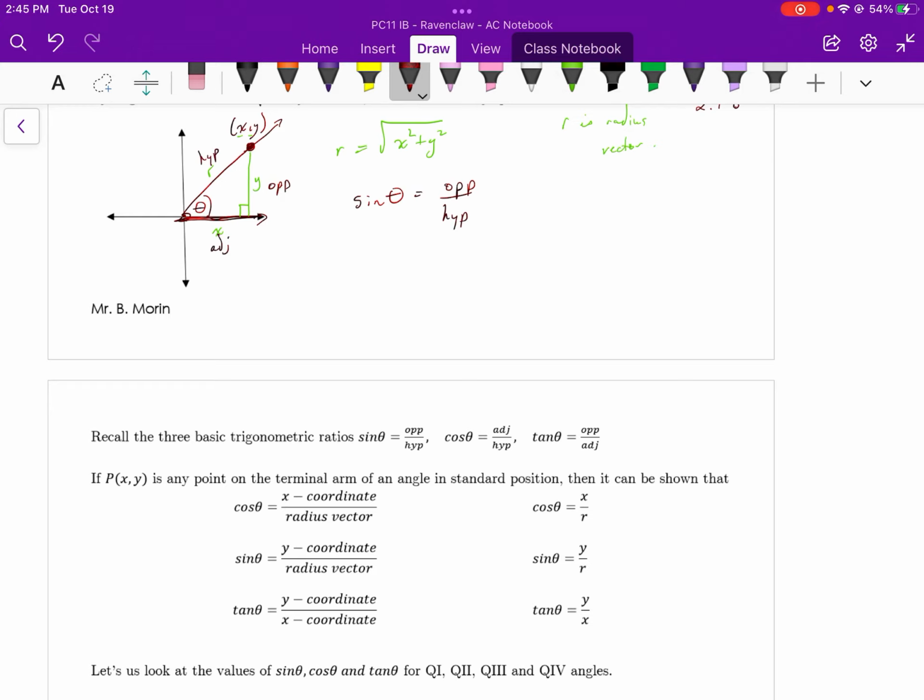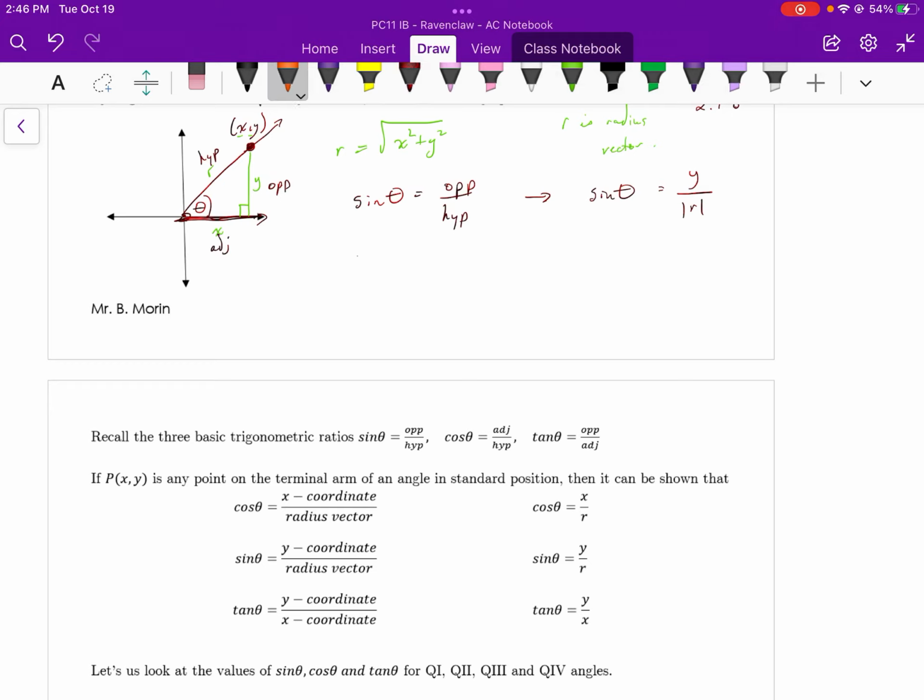And what I notice is that I could rewrite sine theta as my opposite, which is really my y-coordinate, divided by my hypotenuse, which is the length of my radius vector r. I've written it as the absolute value of r, just to remind us that it's always positive.